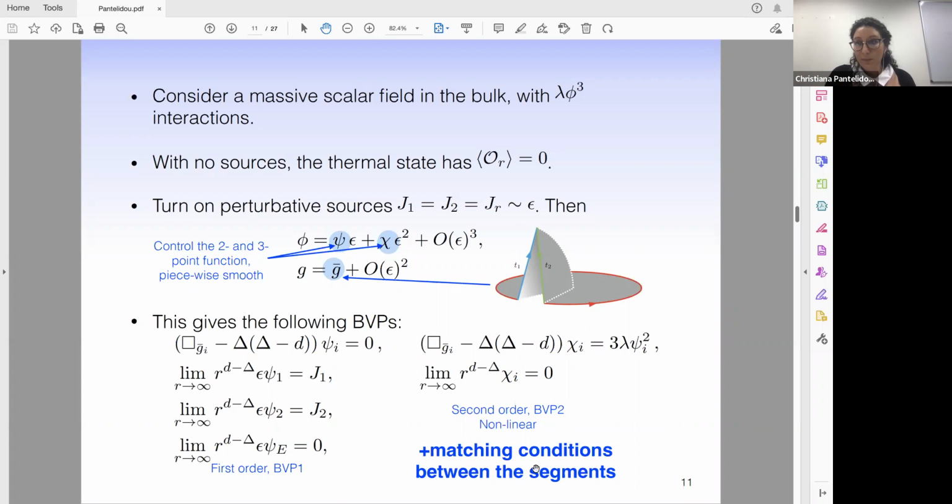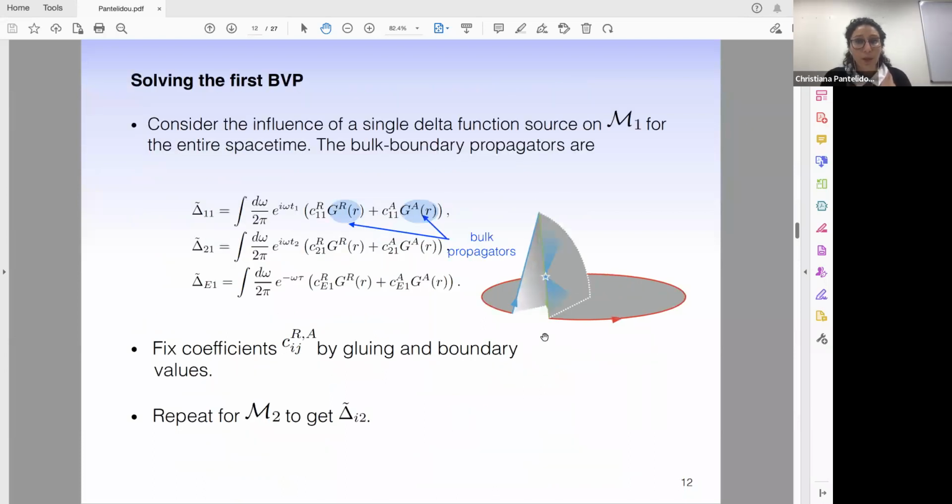Let me start by explicitly showing you how to solve this first boundary value problem, and then we'll look at the second one later on. Our strategy will be the following: we will start by considering a single delta function on the boundary of one of the segments, say segment 1.